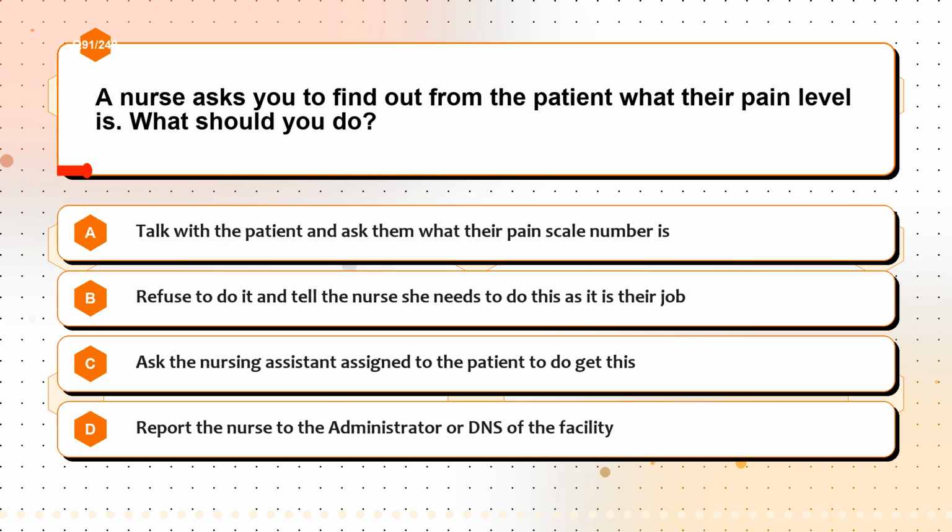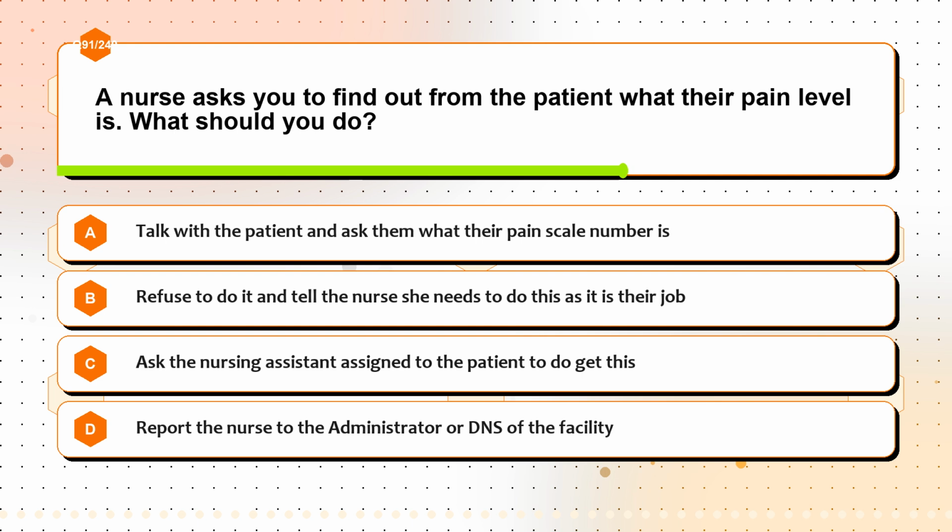Question 91. A nurse asks you to find out from the patient what their pain level is. What should you do? Here are the options. Option A. Talk with the patient and ask them what their pain scale number is. Option B. Refuse to do it and tell the nurse she needs to do this as it is their job.